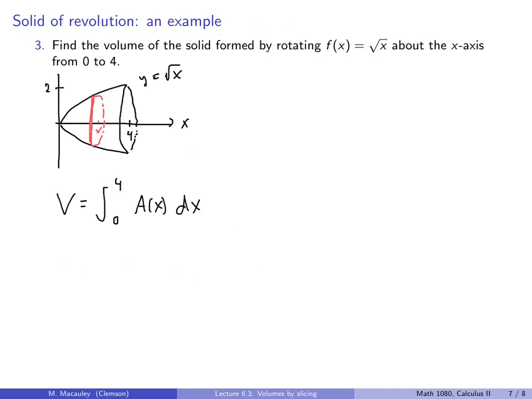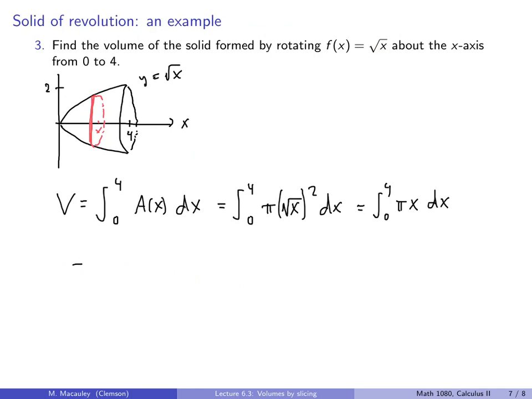This is just a special case of it. In the case of the solid of revolution, the area is always pi r squared. So this is pi times root x squared dx. That simplifies to pi times x dx.